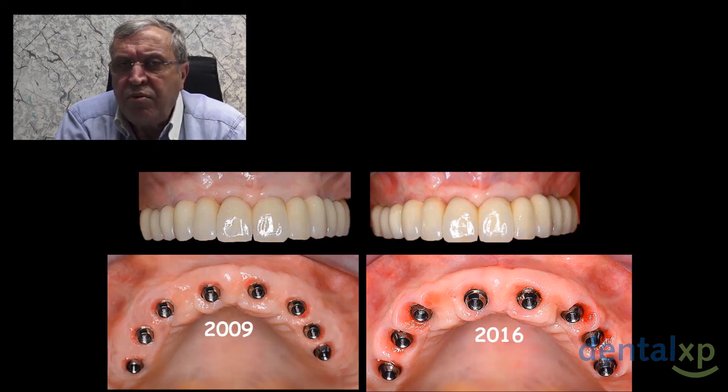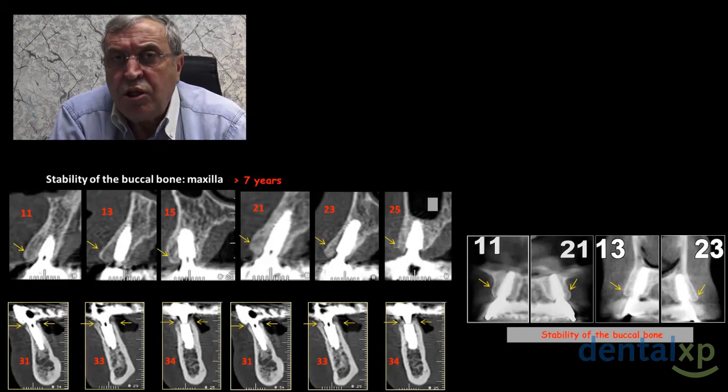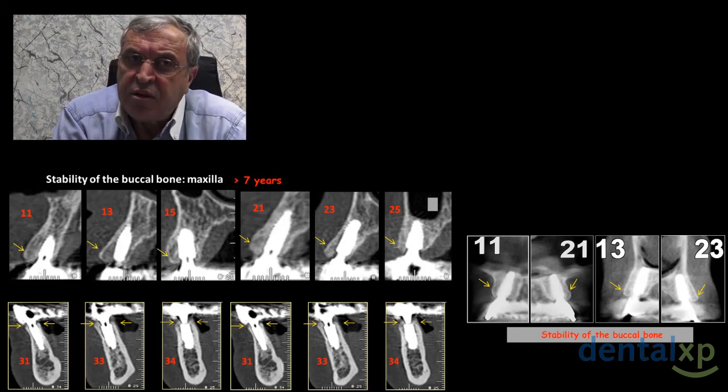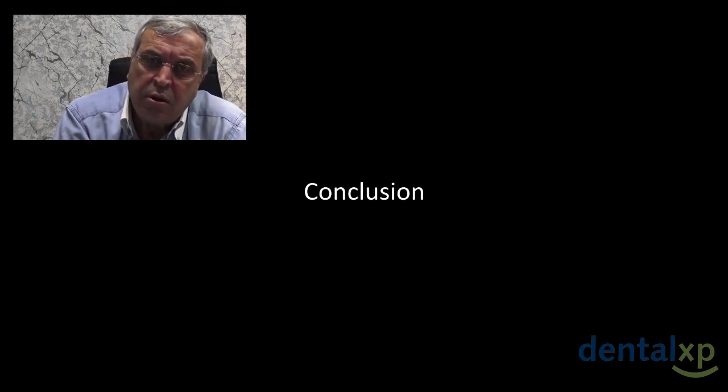We see an improvement of the soft tissue. Means if all is working well, the tissue are growing. This is our lesson. After 7 years, we can see the stability of the buccal bone in the mandible and in the maxilla.